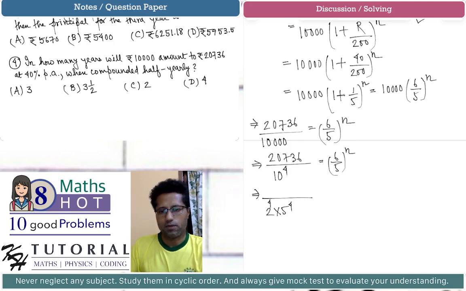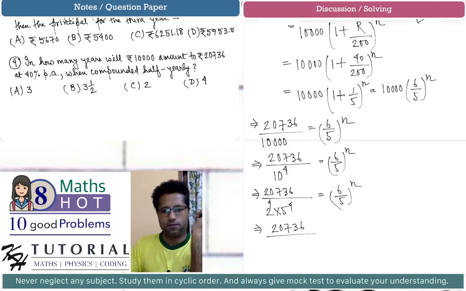And the numerator is 20736. We have to do a little bit of simplification on the left hand side. Now we have numerator 20736, and what is 2 to the power 4? 2 to the power 4 is 16.